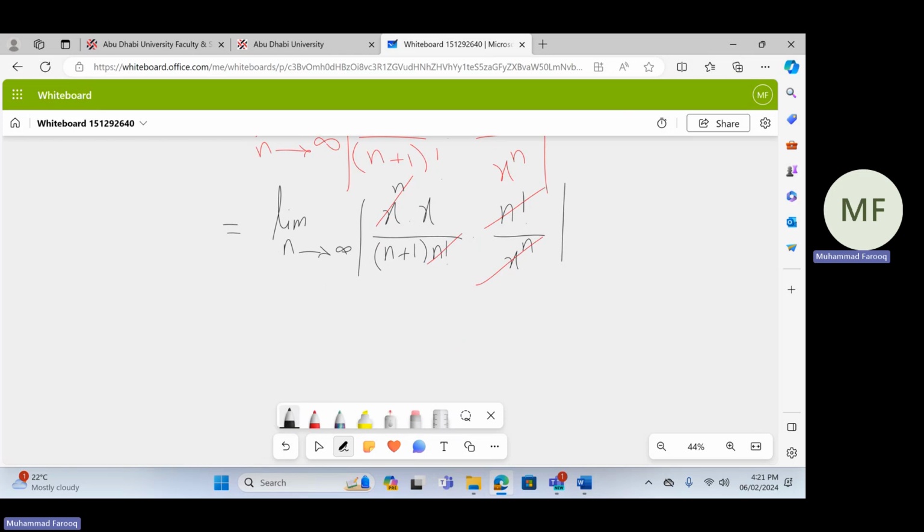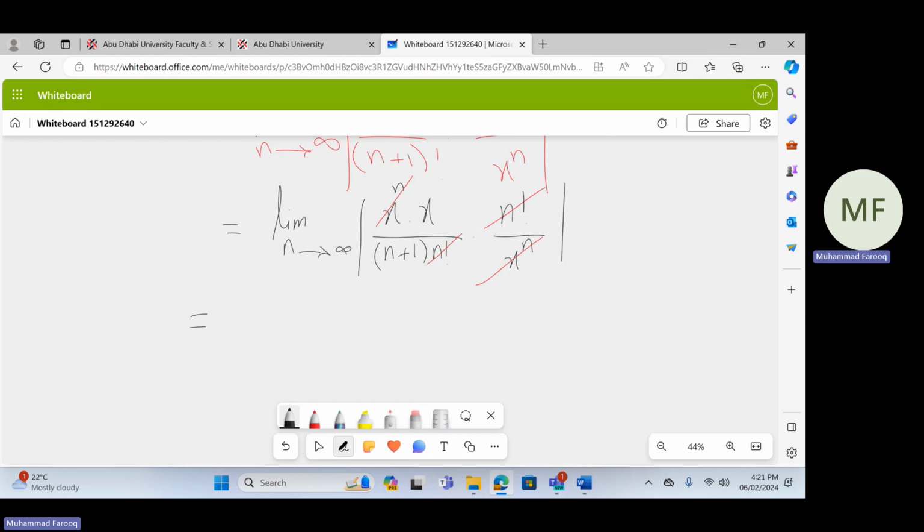Now, look at here. After cancellation, in the numerator what do you have? x. And in the denominator? n plus 1. Now, the limit is on n or on x? On n. It means x has no impact on the limit, because this limit is on n. Only this portion will be affected by the limit.